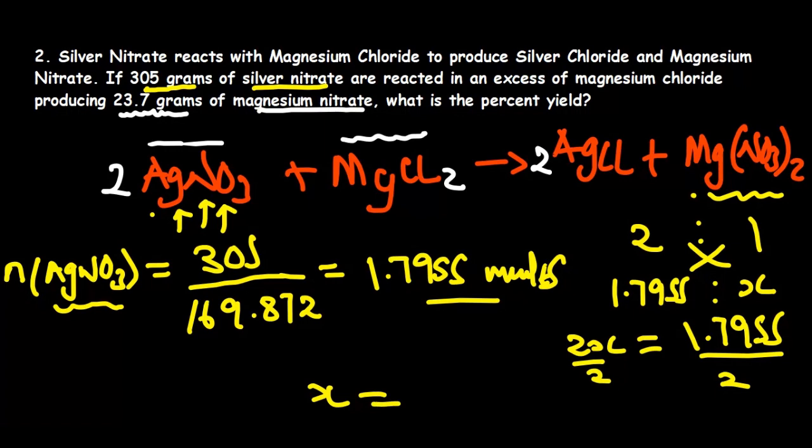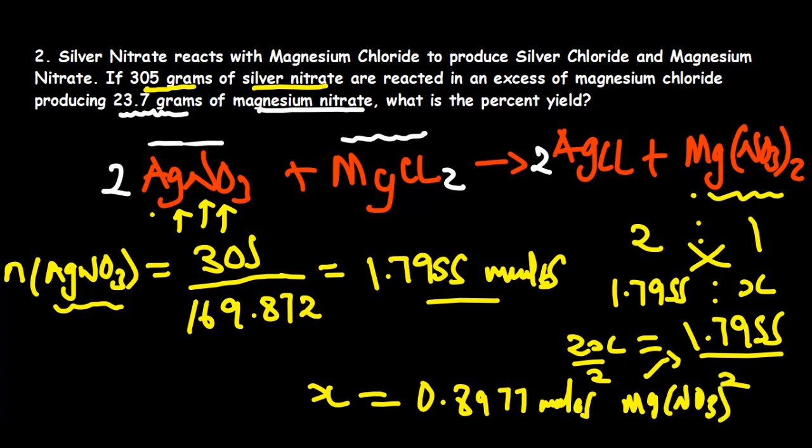If I divide this number by 2, I'm getting 0.8977 moles. So these moles here are for what? Magnesium nitrate.